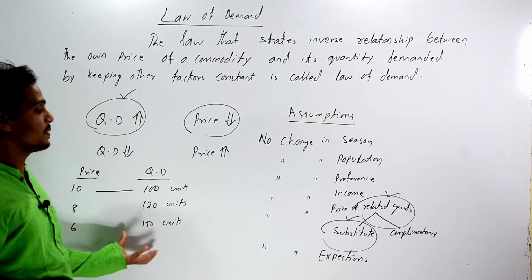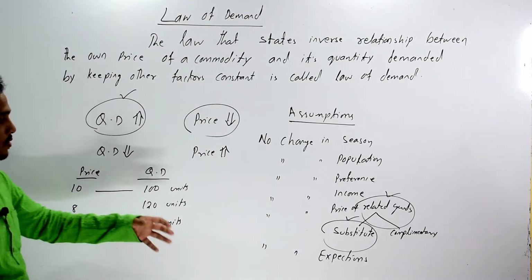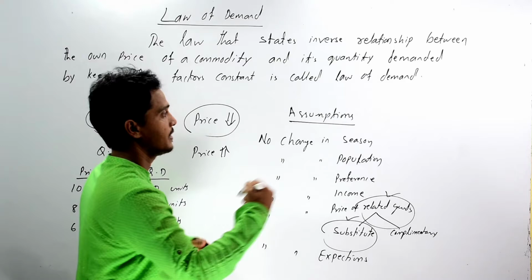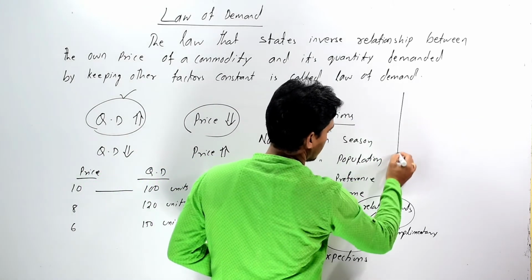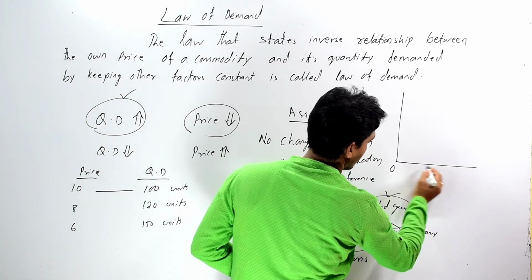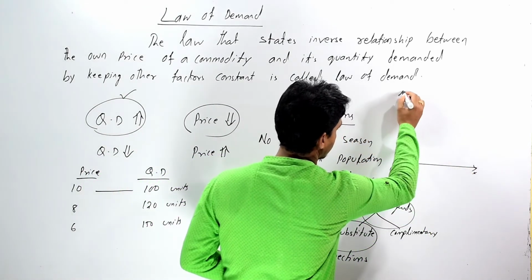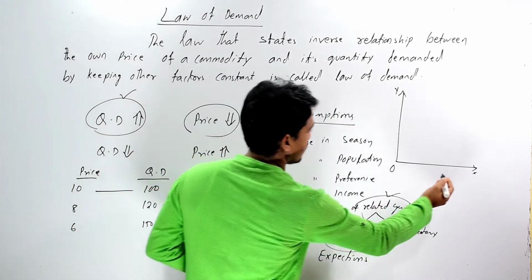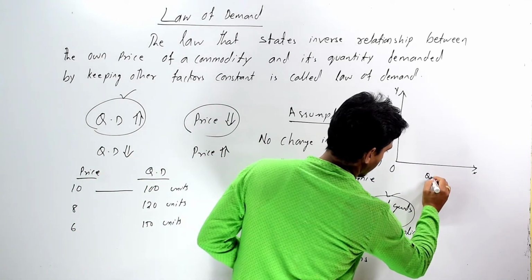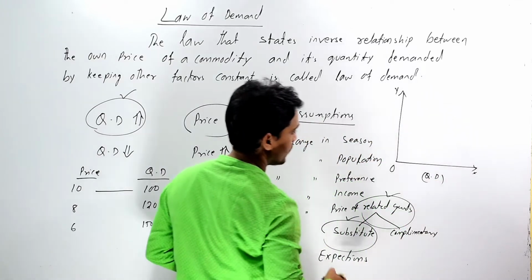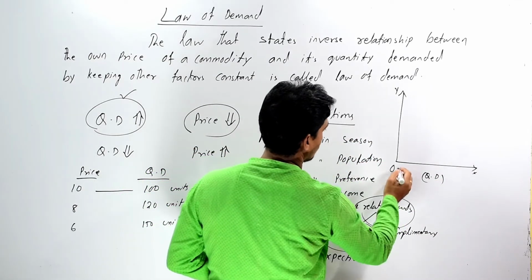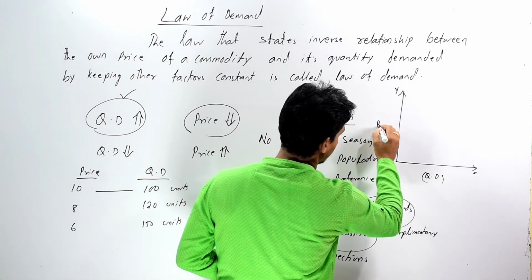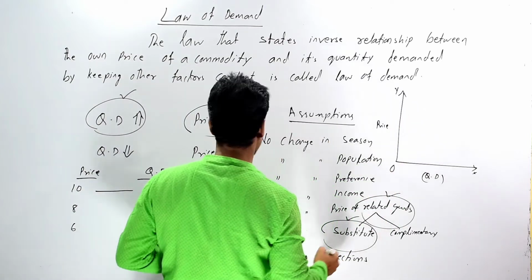Similarly, we can present the schedule by using a graph. Let's take two axes, the OX axis and the OY axis. The OX axis indicates quantity demanded and the OY axis presents price.